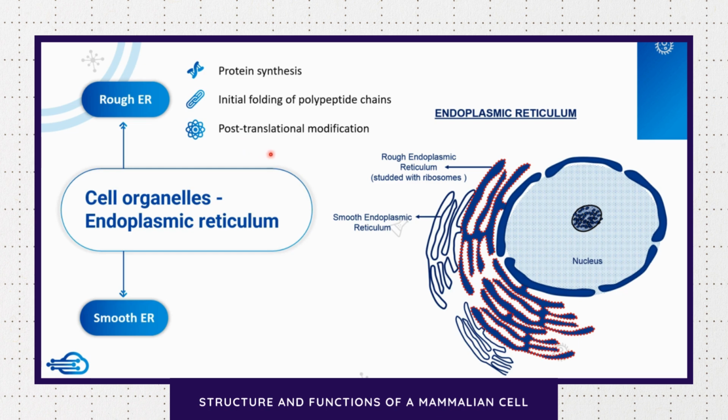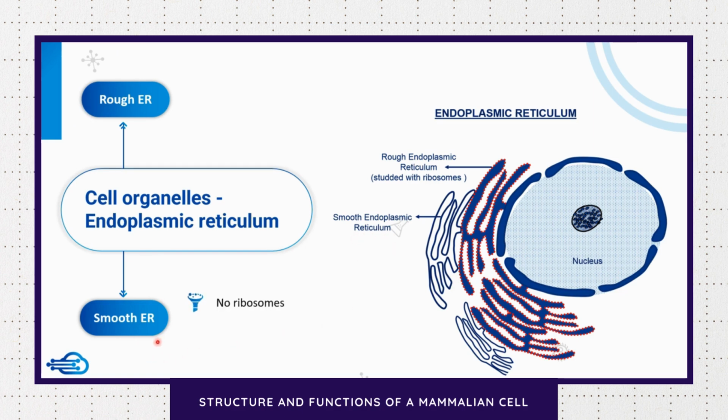Plus there is some modification going on when the protein is being synthesized. After translation of the protein, some modification goes on, that is addition of some side chains, that is post-translational modification, which is also done by the rough endoplasmic reticulum.